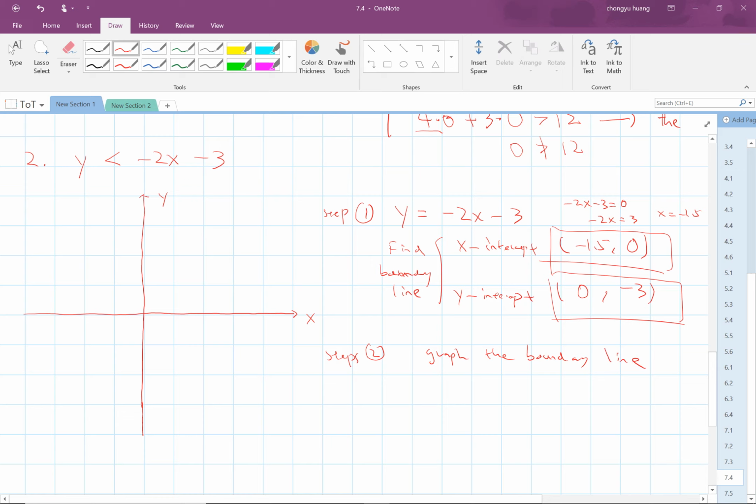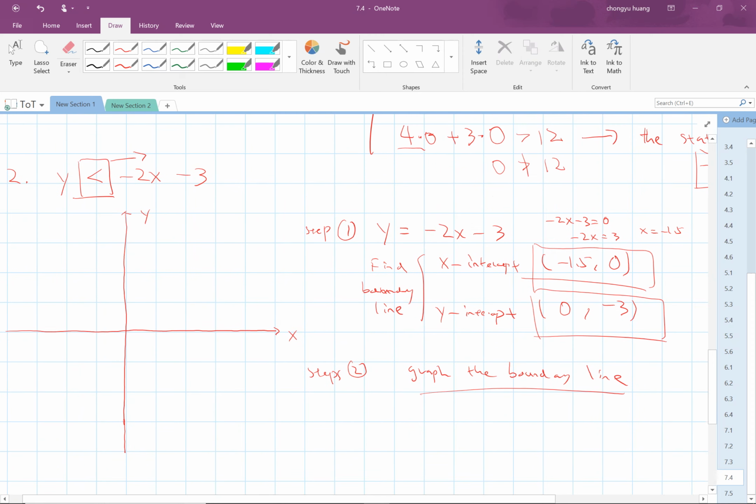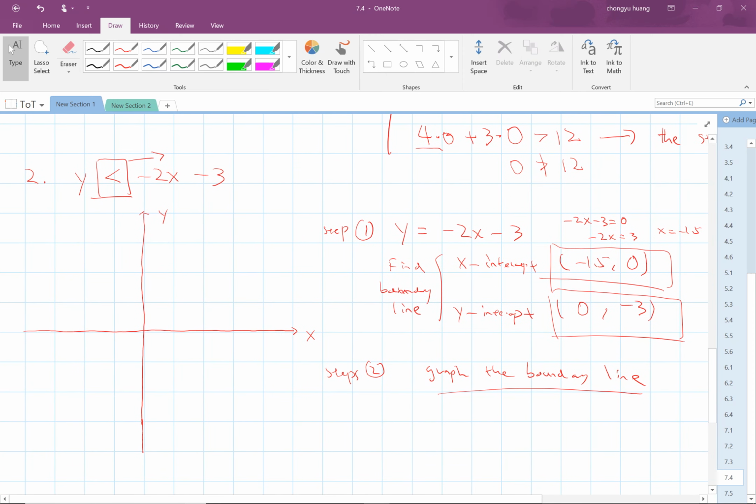Okay, so here we want to graph the boundary line. For the boundary line, you just put the points of the x-intercept and y-intercept on the graph first. And over here you can see this one is less than, so that means we have to use a dashed line. It's less than, so the point is not included.